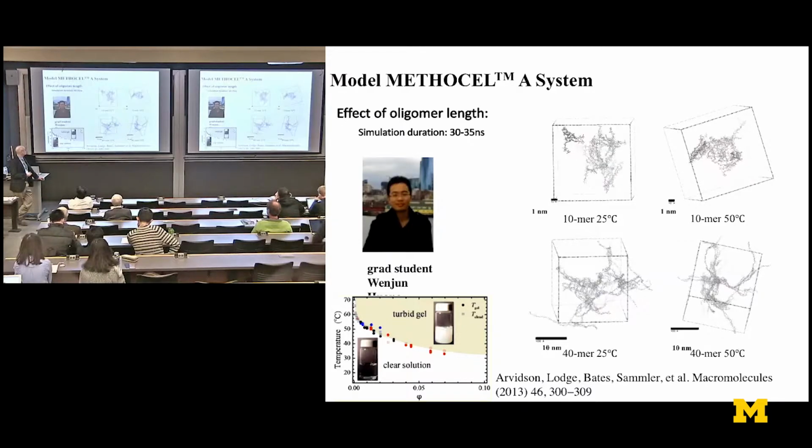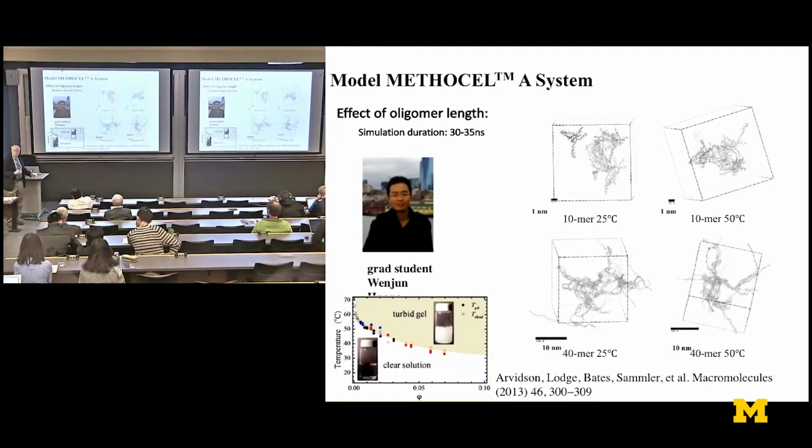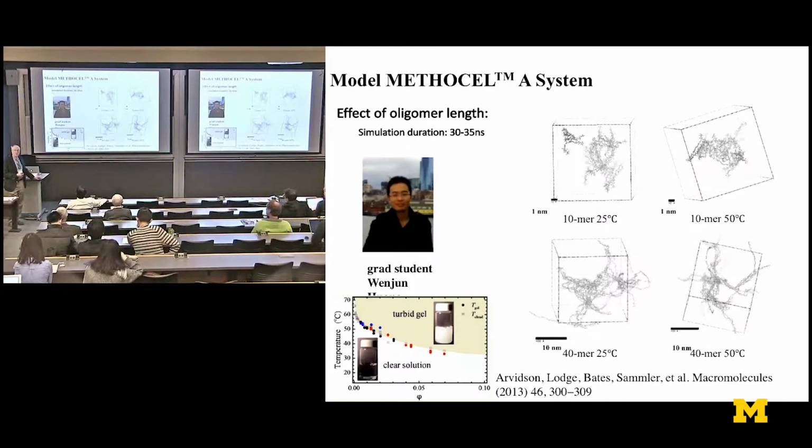But we know experimentally that when you raise the temperature from room temperature to elevated temperature, these go from a clear solution to a gel. So you don't see a sign of that in these MD simulations, which are limited to about 15 nanometers cubic boxes. And you can't get much farther than this with atomistic simulations.